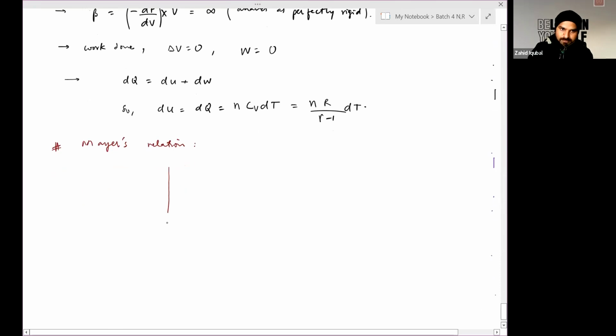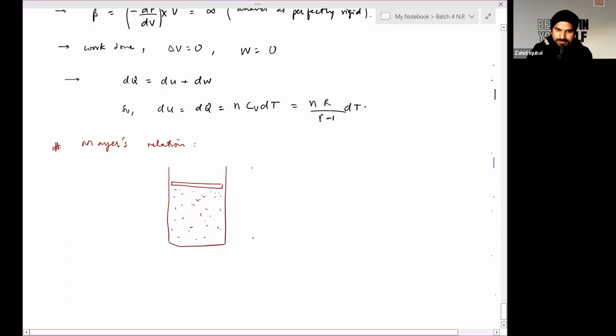Suppose in the first part, in a vessel, the piston is movable. When you supply heat to this system, this heat may get converted into changing internal energy or doing some useful work.